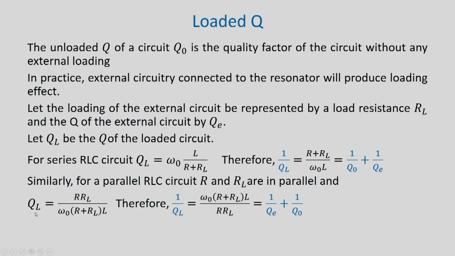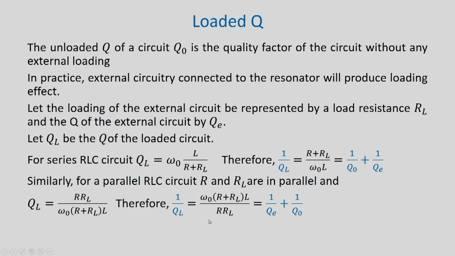Therefore, for a parallel circuit, QL can be written as R RL divided by omega naught into R plus RL into L. And 1 by QL can be written as omega naught R plus RL into L divided by R RL, and when this is separated, we get omega naught L by RL, which is 1 by QE, plus omega naught L by R, which is 1 by Q naught.